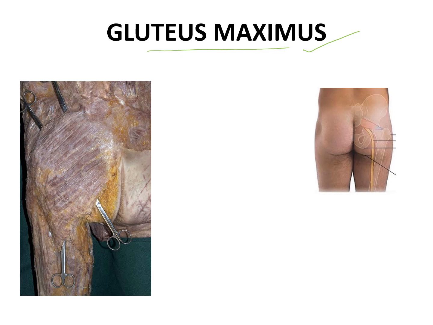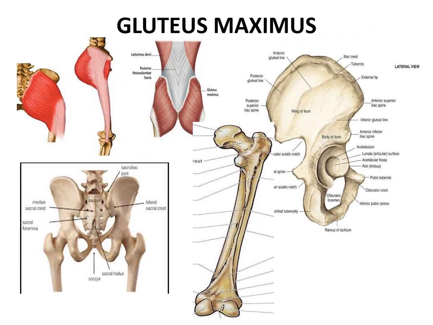As already discussed, this muscle is present in the superficial layer. Immediately once we remove the skin, we encounter the superficial fascia, the deep fascia. Then we have a vast muscle called the gluteus maximus muscle. Now let us see the origin and insertion of this muscle.